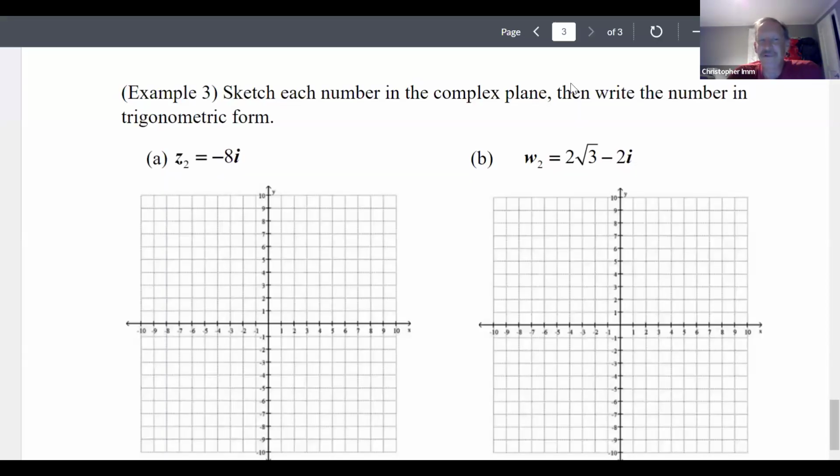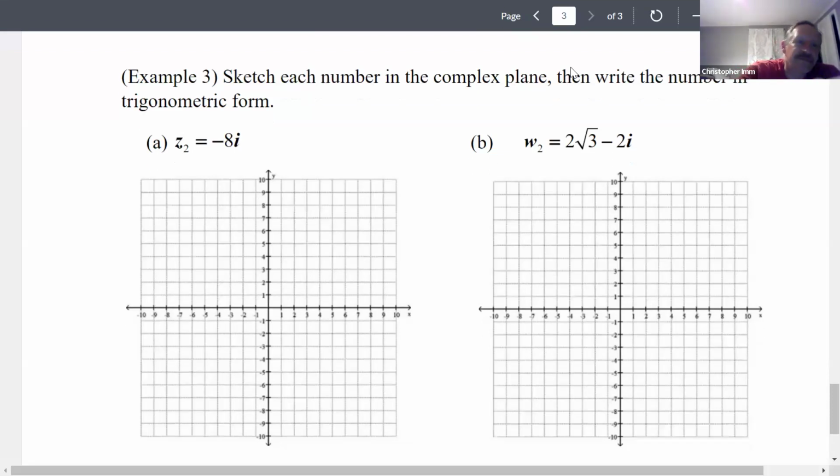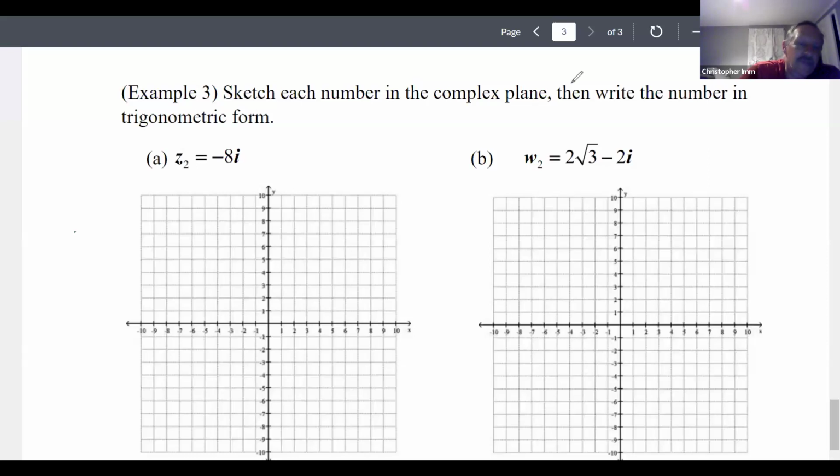In our last example here, I'm going to show you how to sketch the number in regular form, and then we're going to convert it over to trig form. So I have negative 8i. That is going to be right over here. So 0 in the real axis and down 8.